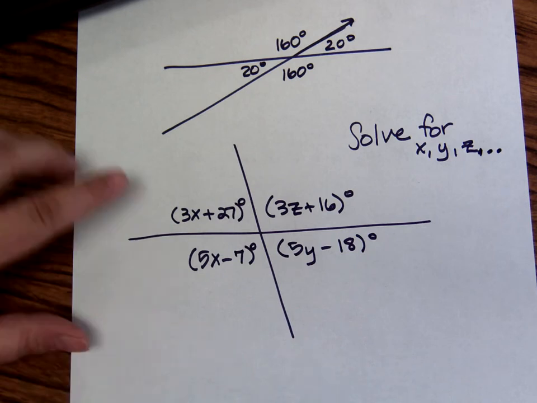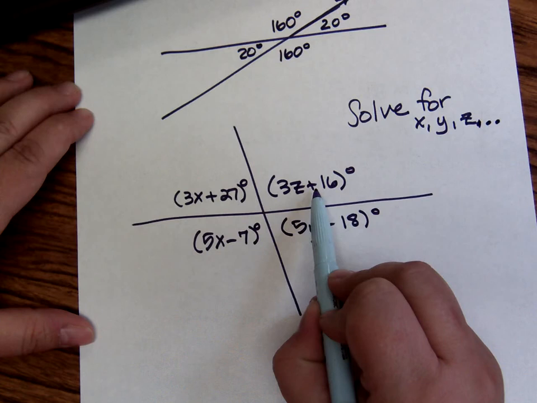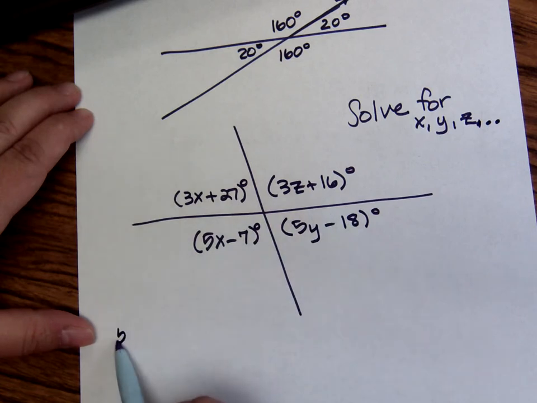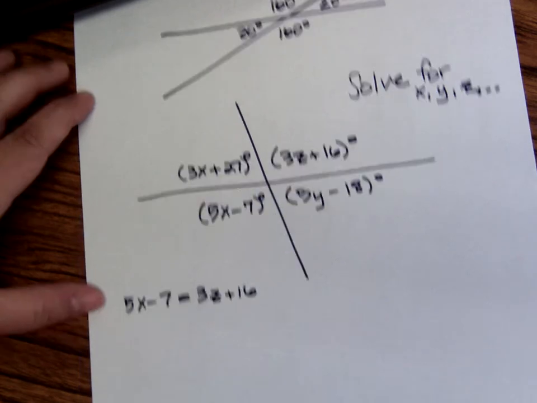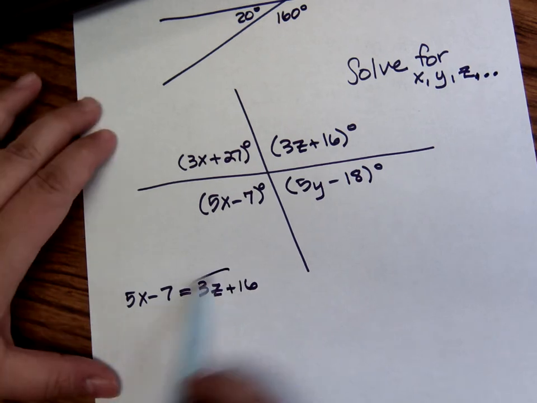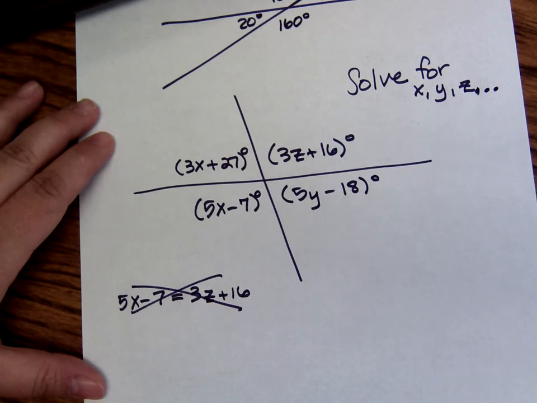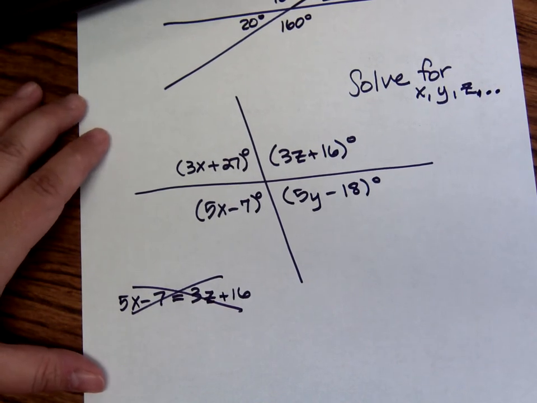Like for instance, I could say that this angle, the 5x minus 7, and this angle, the 3z plus 16, are congruent because they're vertical angles. The problem is, does that help me? It doesn't help me at all. I have an equation that has two different variables in it, and I can't solve one equation that has two different variables. So you want to identify which ones have the same variable and figure out what their relationship is.